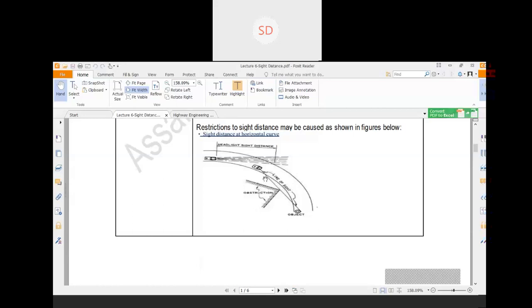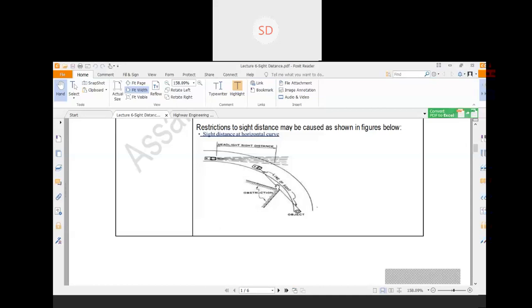Now suppose this is the eyesight of the driver, and some permanent structure is there. In that case, the eyesight of the driver will be blocked by the obstruction. So in the horizontal curve, you always need to find out the distance up to which a building or any construction cannot be built, so that the eyesight of the driver is not blocked, and this particular distance is called setback distance.